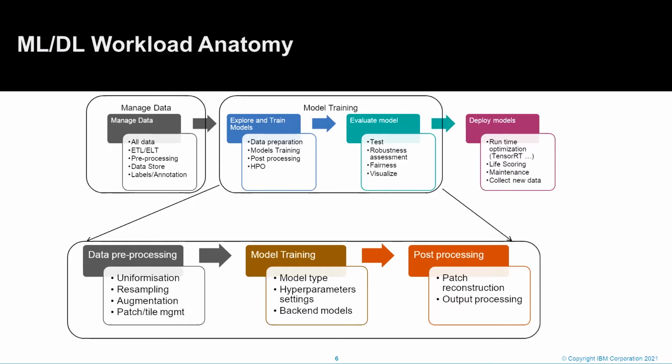Then you have to develop the model training pipeline itself, where you need to choose a model and develop the data preparation. Some example operations are uniformization, resampling, augmentation, patch, tiling, and so on.